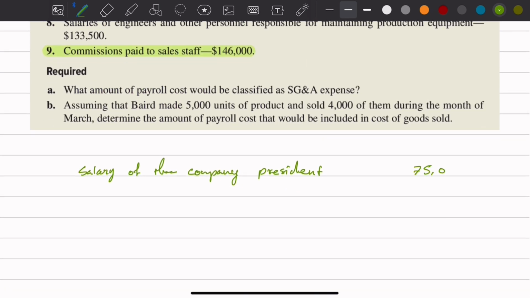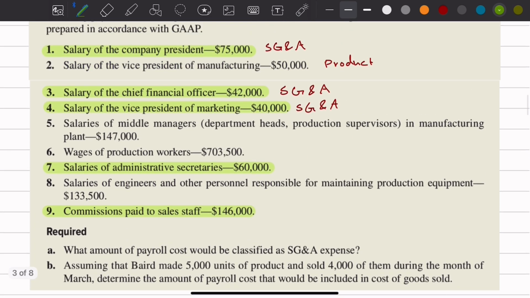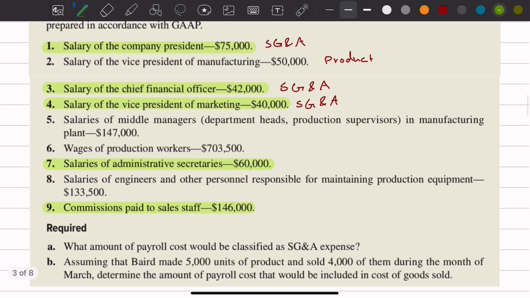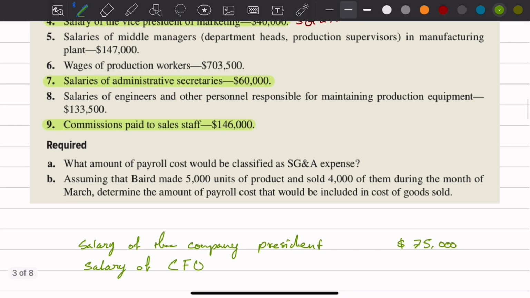Next, number 3, salary of the chief financial officer. Salary of the CFO, which is 42,000.